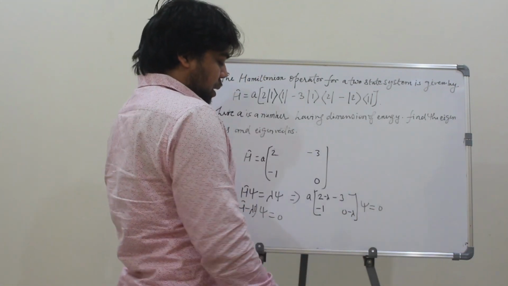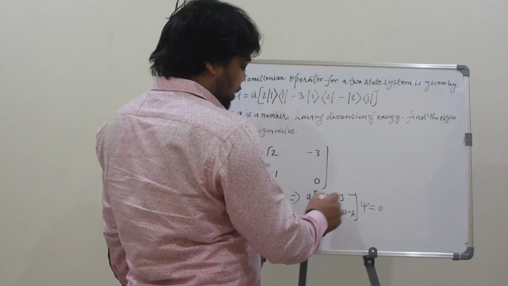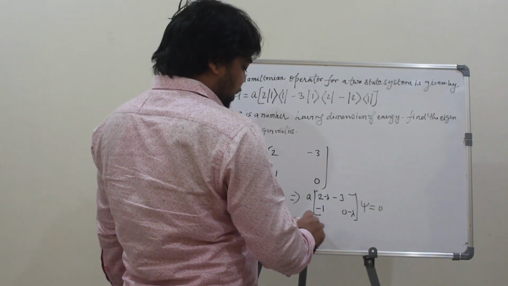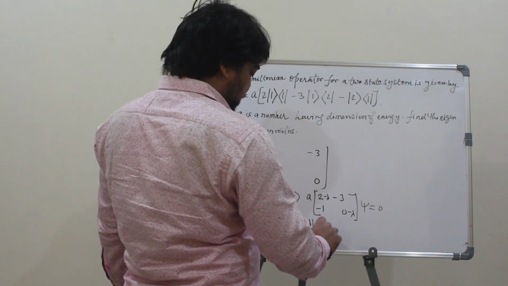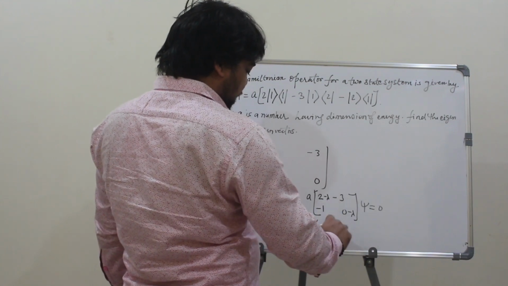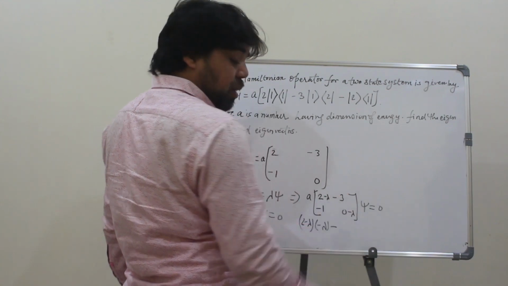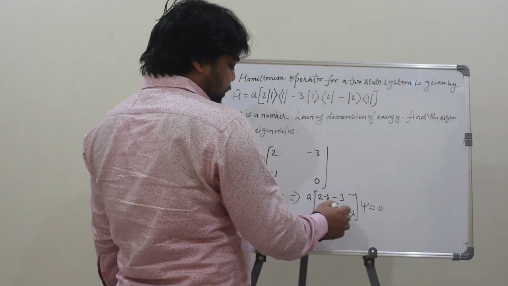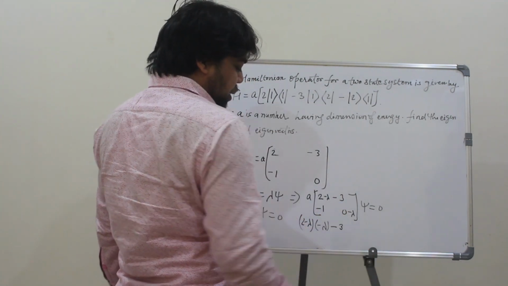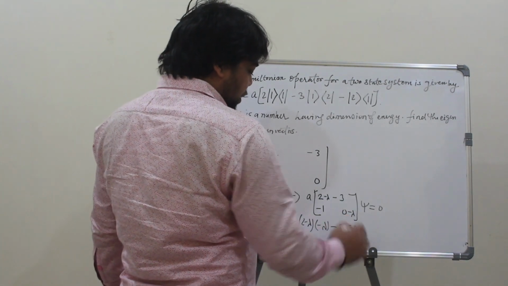Now you just try to solve it. It gives you 2 minus lambda into minus 3 minus lambda, minus 1 equals 0.